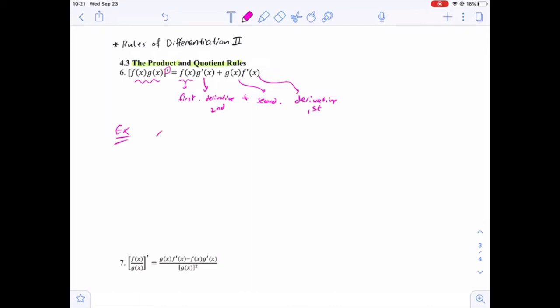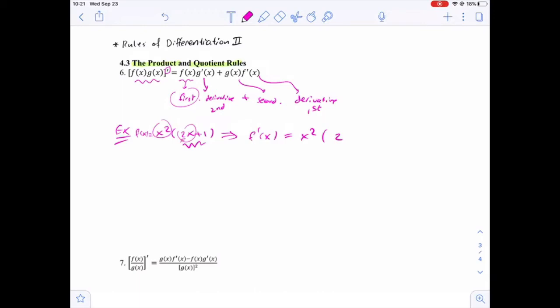For example, if we have f of x equals x squared times 2x plus 1, and we want to find the derivative, we can apply the product rule. F prime of x is the first, x squared, times the derivative of the second, the derivative of 2x plus 1. What is the derivative of 2x?